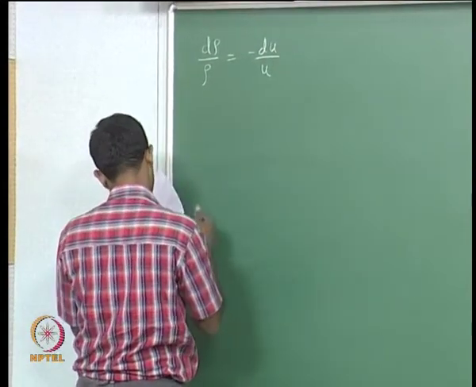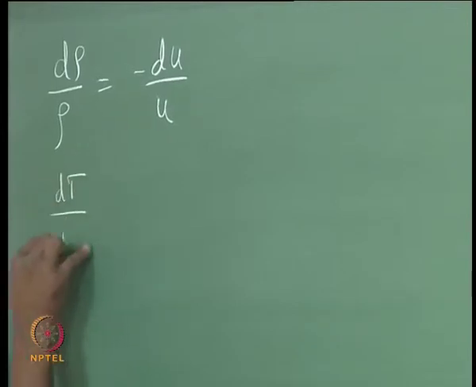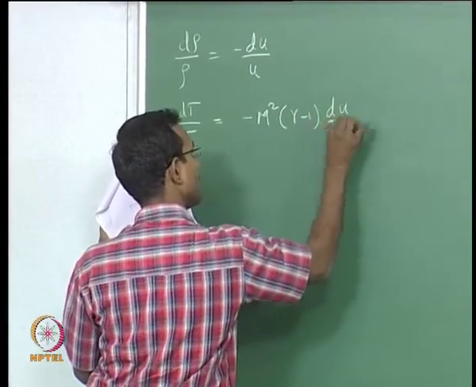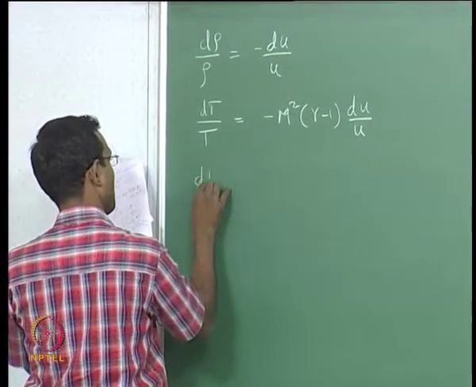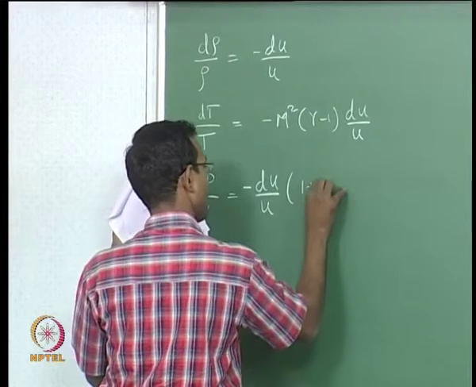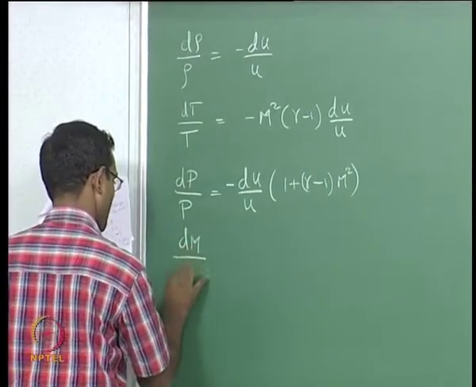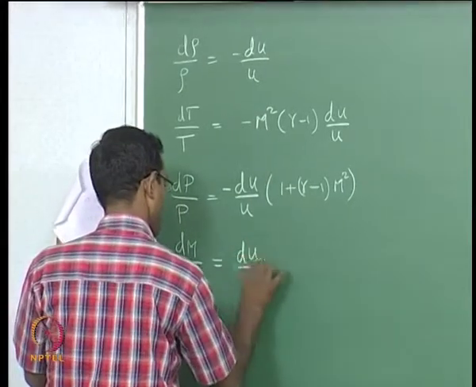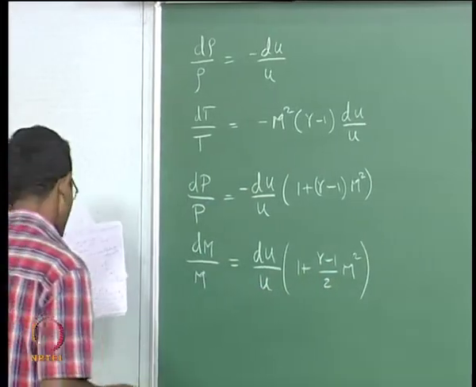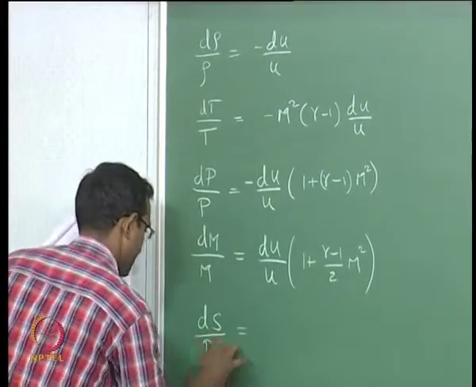This was one of them we had, and then we went to the energy equation where we wrote dt by T. We had all these relations plus ds, which I will write as ds by R so that it is non-dimensional again.